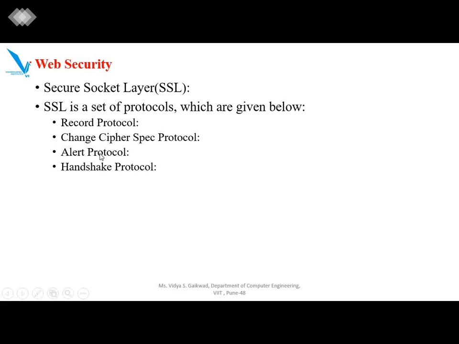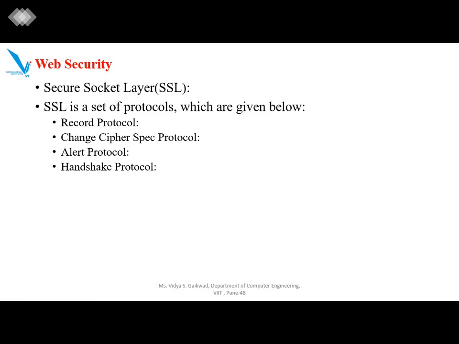Let's see what we mean by alert protocol. This protocol is used to inform the communicating parties of SSL related alerts. These messages are again encrypted and compressed. So alert messages are also encrypted and compressed. Next is handshake protocol.